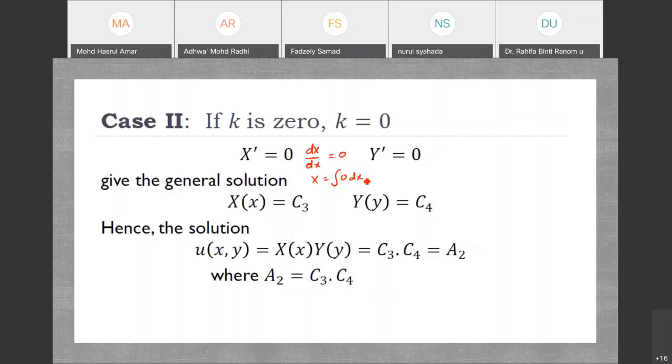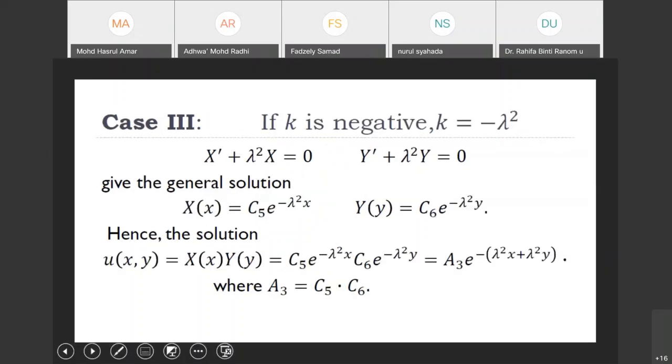Walaupun nampak the answer is 0, but remember when you differentiate C3 a constant, then you get 0. That's why X equals to just a constant. Alright. Okay, this is solution of X, this is solution of Y, then the solution is u(x,y) equals to X times Y is equals to C3 times C4, then equals to A2. Right, so u(x,y) equals to A2 is the solution of the PDE when k equals to 0.